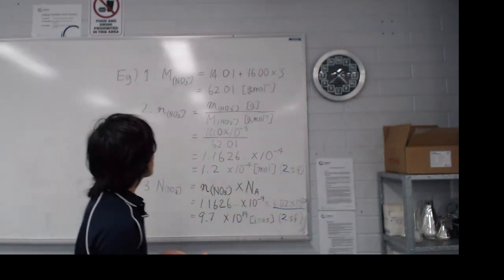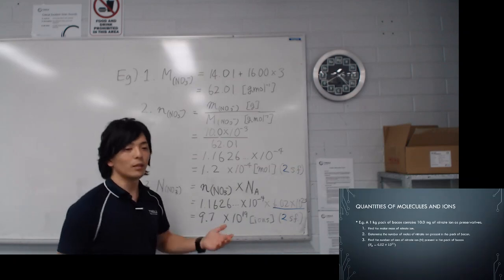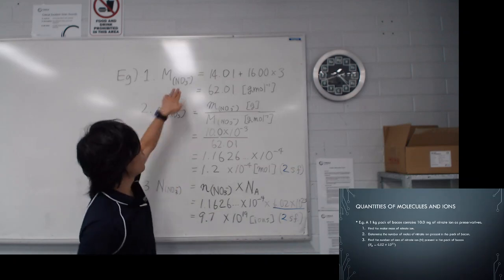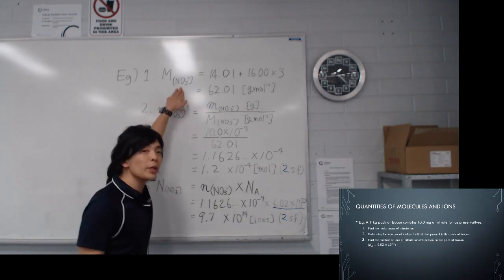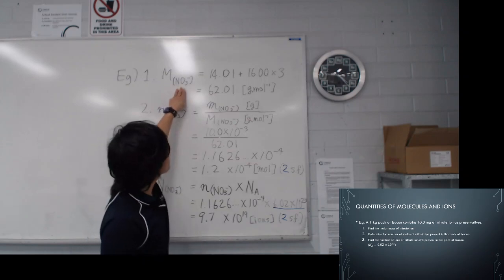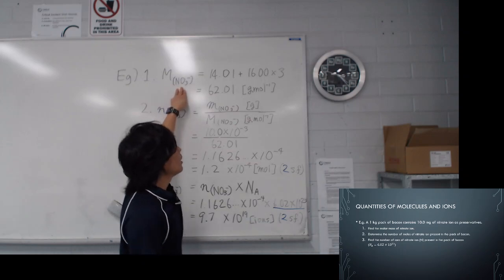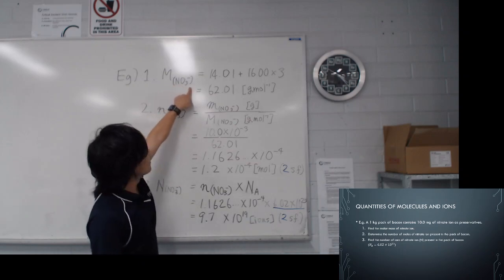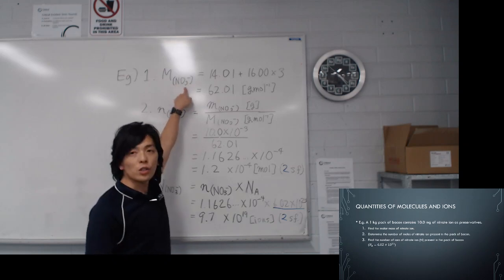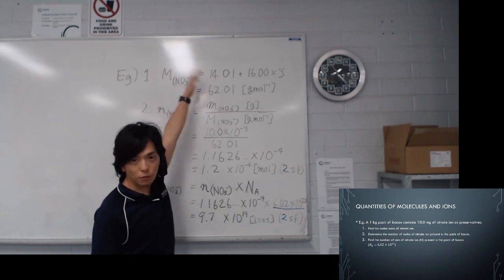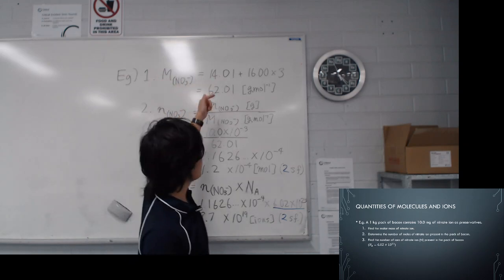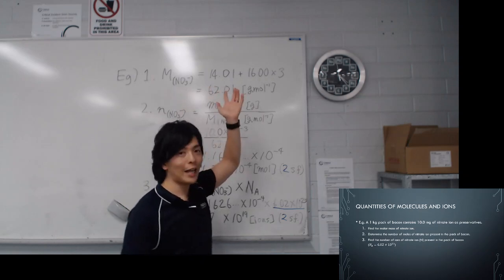All right, in the first question, you again need to know how to write the formula for nitrate. NO3 minus it is. In nitrate, if you look at the formula, there's 1 N and 3 oxygen atoms. Forget about the charge, even though it's got extra charge, it doesn't really add to the mass.